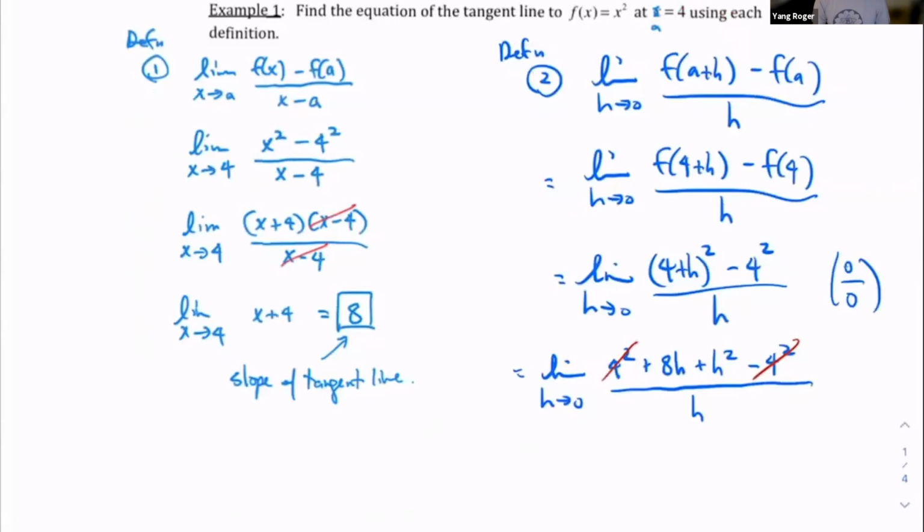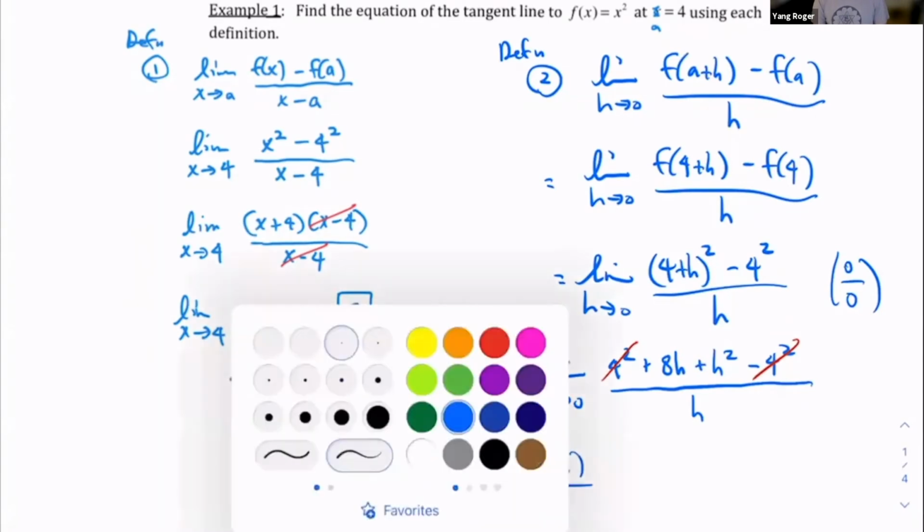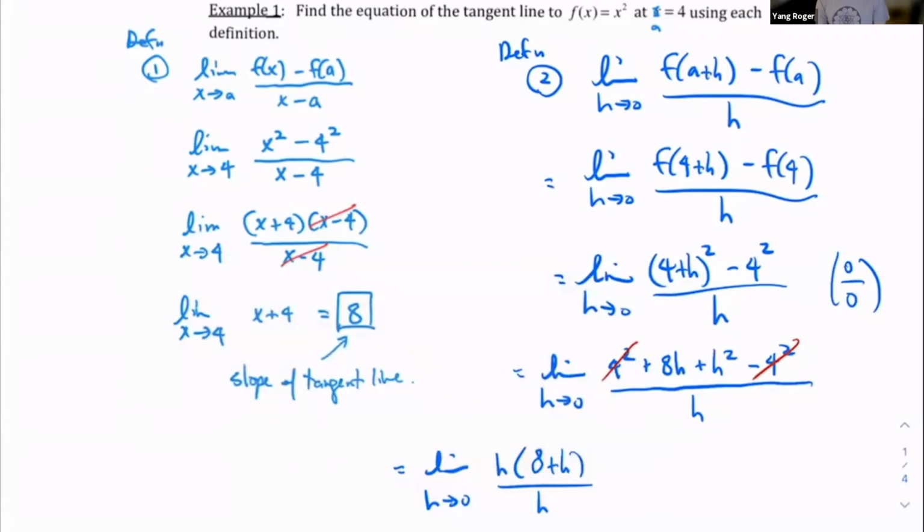So this guy is going to become the limit as h goes to 0 of h times 8 plus h, divided by h, like that. And now because I could factor the h out of the numerator, that can cancel the h in the denominator.